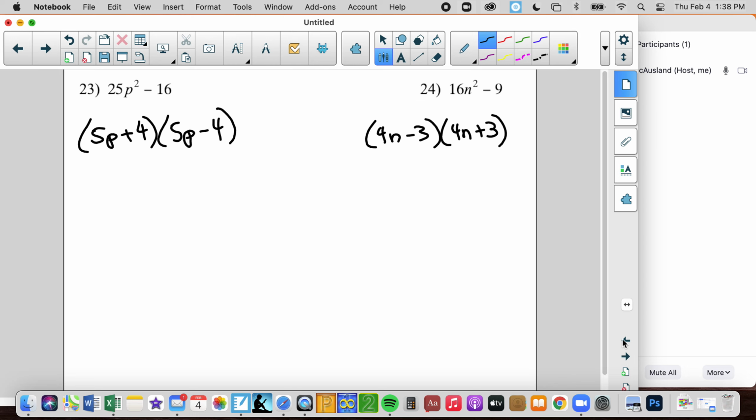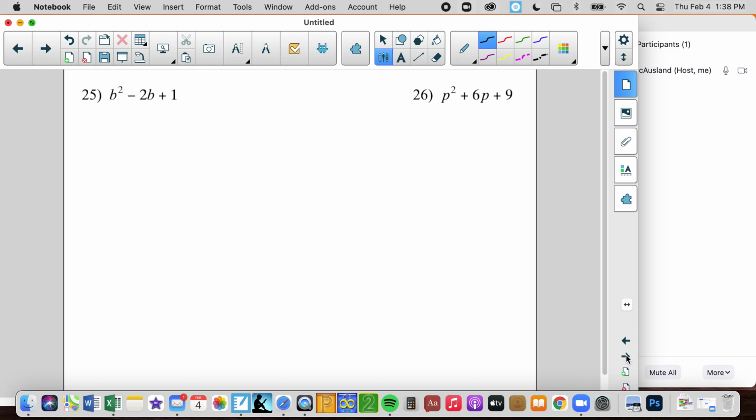And I thought of difference of squares because each of these starting problems have 2 terms. Difference of squares is always going to have 2 terms. This number 25, now this actually has 3 terms. So 3 terms can either be a binomial square, or we're going to do a times c. So which one?